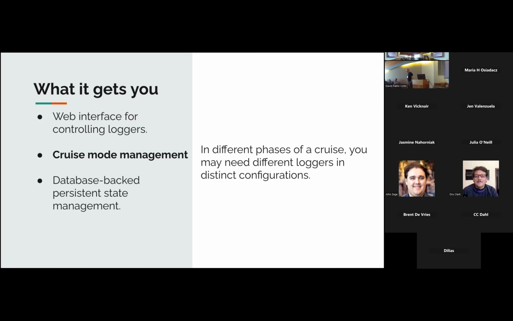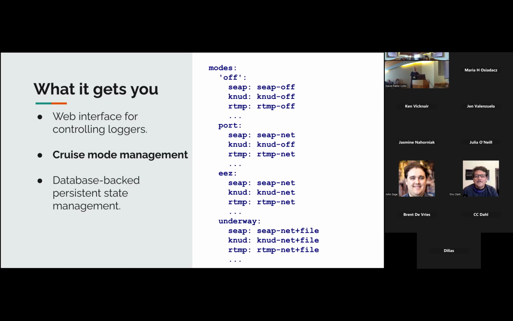What this means is you've got all of these loggers, right? When your ship is in port, when your ship is turned off, you don't want any of the loggers running. When the ship is in port, you'd still like your bridge display to show what's the temperature, what's the GPS.